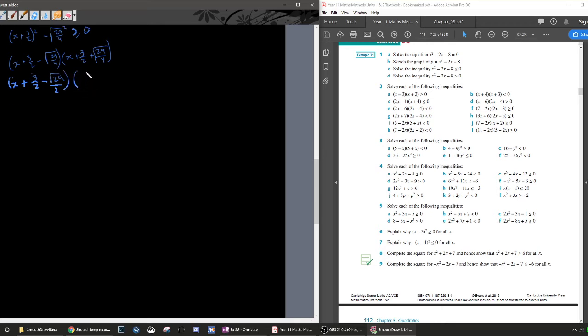It's really weird why that's going large there, but anyway, I'll keep going. x plus 3 on 2 plus root 29 on 2. So you can keep going and then we get an estimate.